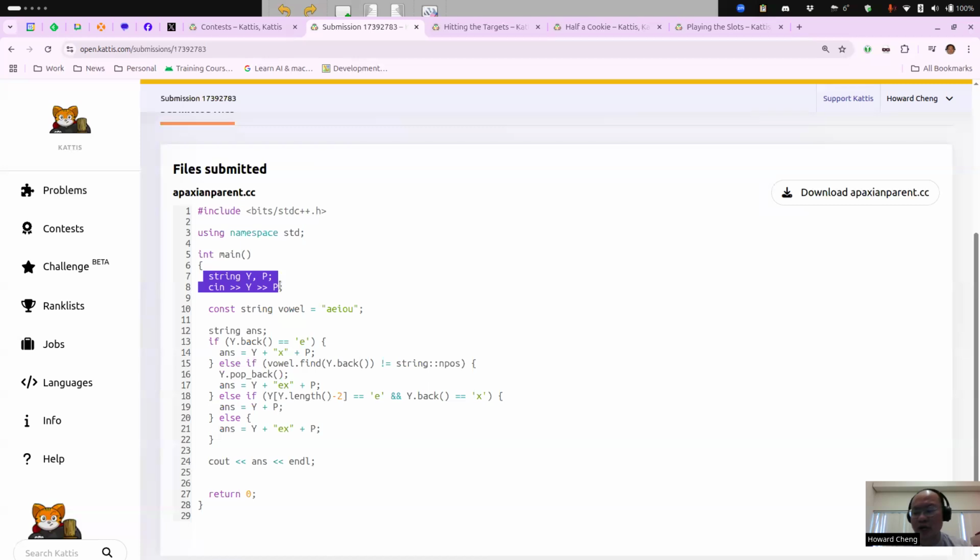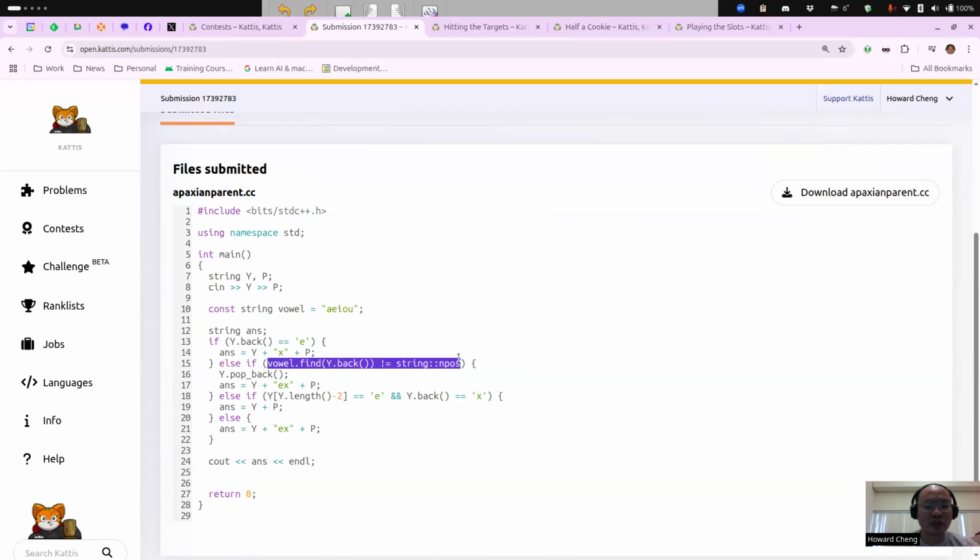So I read in Y and P. Now, this is something I like to do. If I am looking for whether it is one of the following characters, in this case A, E, I, or U, instead of writing an if statement that has 5 different conditions, if it's A or if it's E and so on, I'm going to have a string containing all the characters that I want to check for.